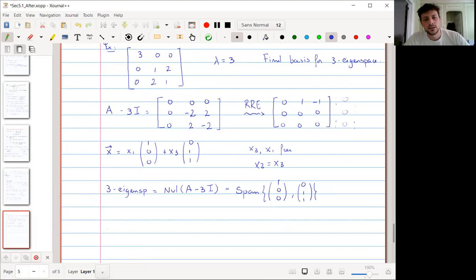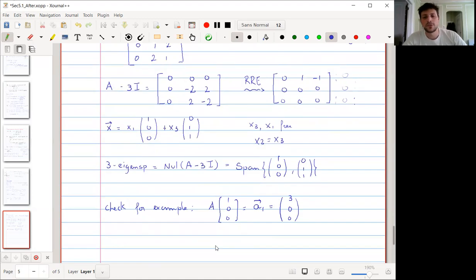We could check, for example, that the 2 vectors we found are indeed eigenvectors for the 3 eigenvalue. In fact, if I take A times 1, 0, 0, this multiplication extracts the first column of A. So this is the same as the column A1, which is nothing but 3, 0, 0, which is 3 times the vector we started with.